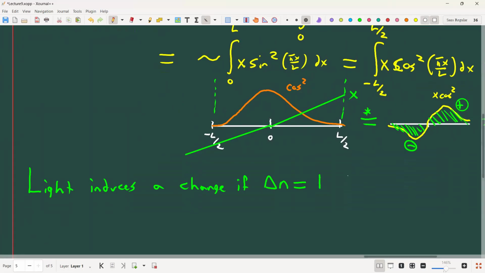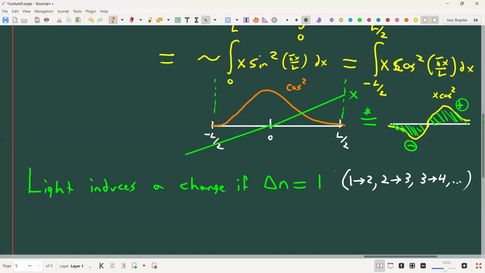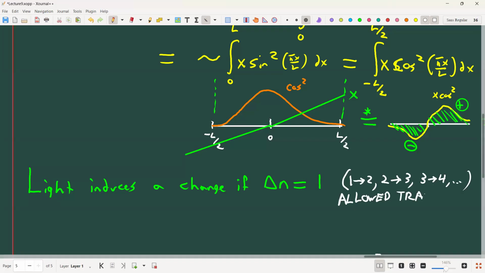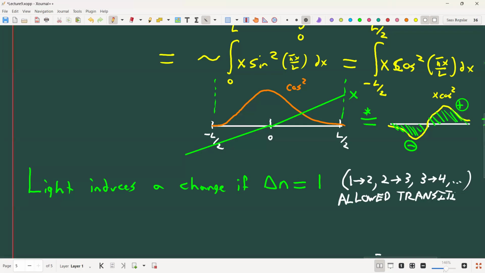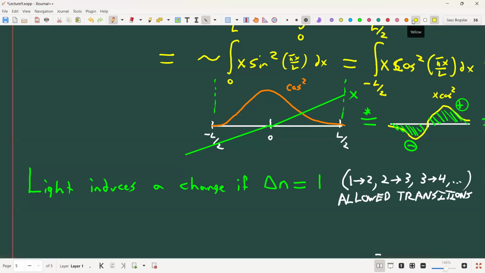We call these allowed, so this means that the allowed transitions, if you will, are say 1 to 2, 2 to 3, 3 to 4, dot, dot, dot. These are called allowed transitions. Sometimes we call them bright transitions or bright states. I like allowed better.